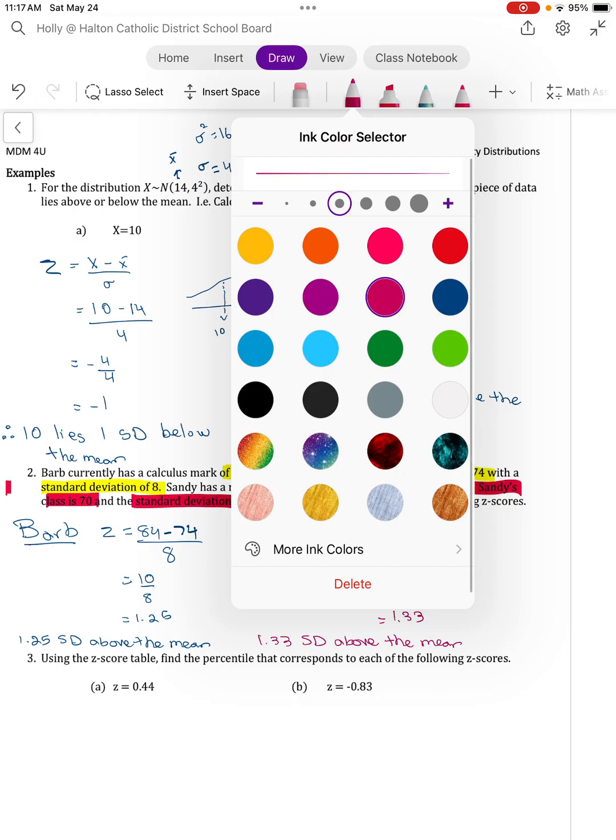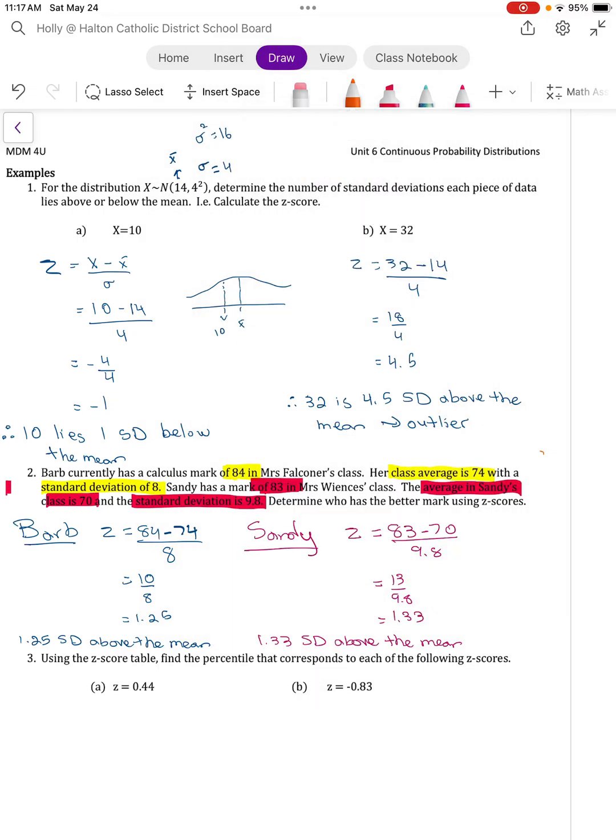So let's write a little therefore statement. Therefore, Sandy's mark is 1.33 standard deviations above the mean. So she's closer to the top of that normal distribution curve and is doing better. Okay, so it's above the standardized mean.